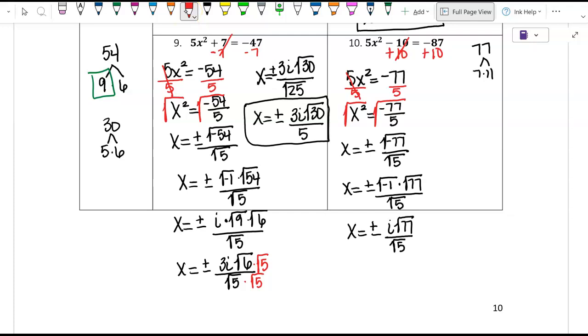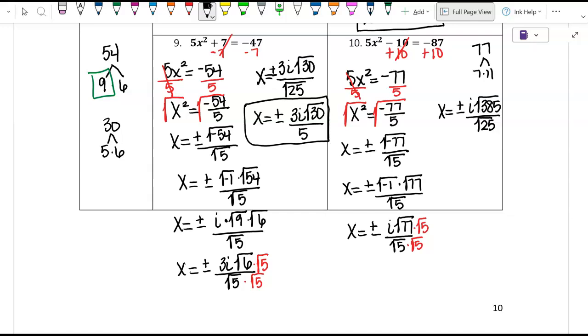But we have that same problem. We still have a radical in the denominator. So I need to multiply both of them by radical 5. So x equals plus or minus i radical, if we take 77 times 5, we get radical 385 divided by radical 25. Well, 385 was 77 times 5.